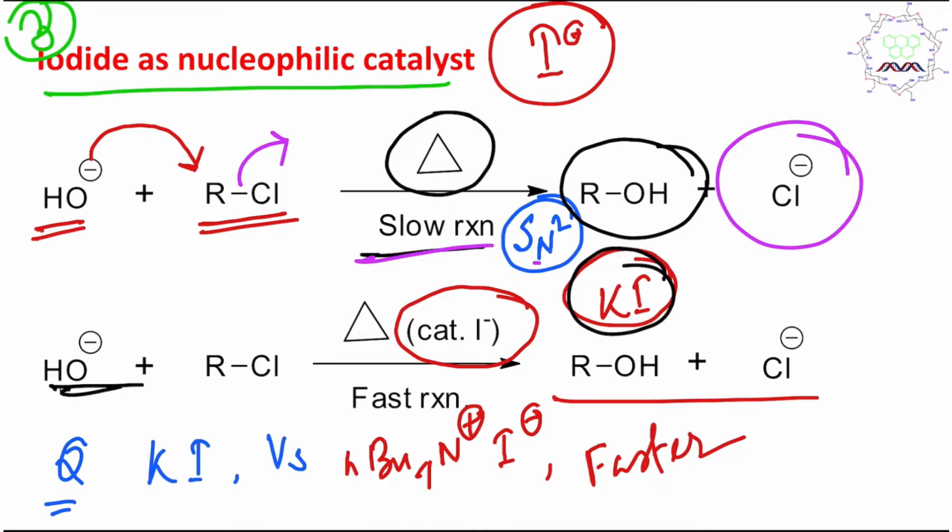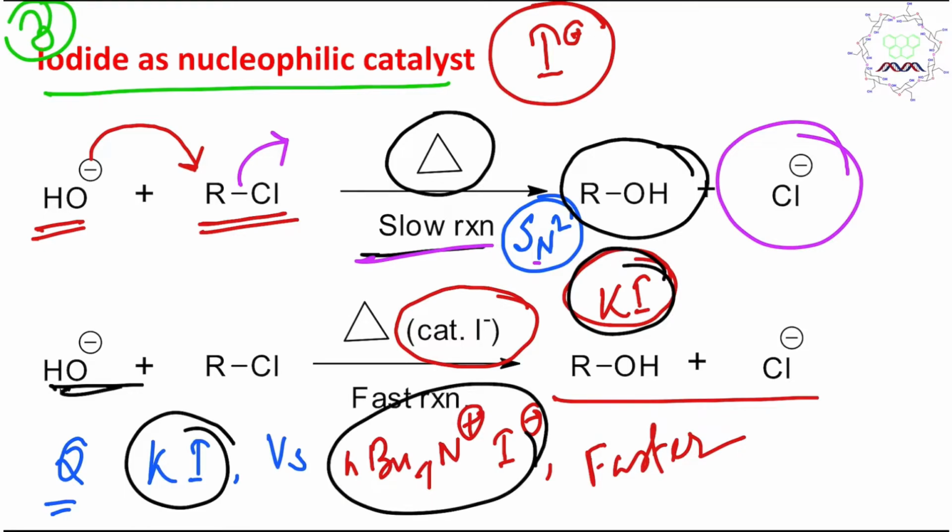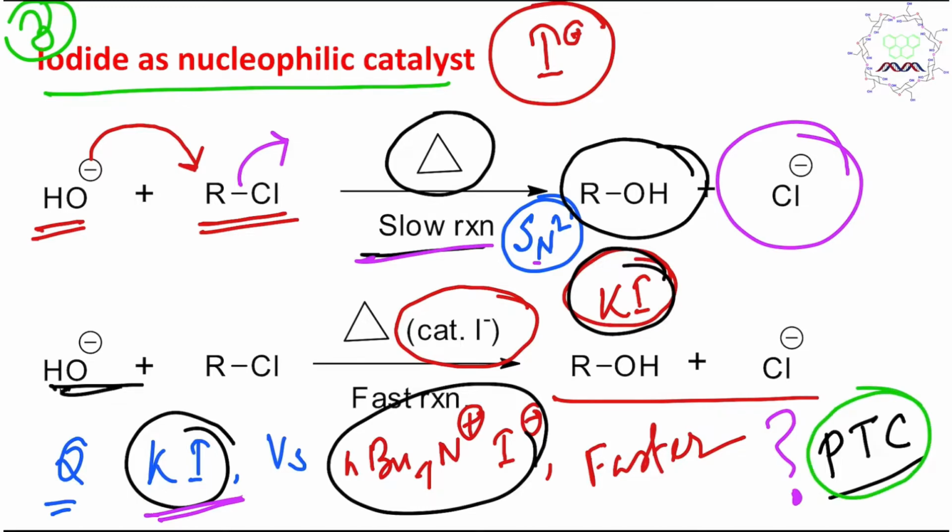Now another question: instead of KI, if I add a quaternary ammonium iodide salt, will the reaction be faster or slower compared to KI? I request you to please write the answer to this question in the comment box, and I am giving you one hint. Please try to recall the concept of PTC, or phase transfer catalyst. By the way, I have already discussed a dedicated lecture about phase transfer catalysis. If you have any doubt on this concept, please visit it for better understanding.